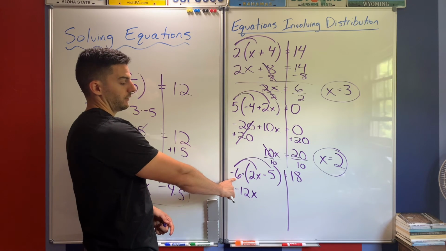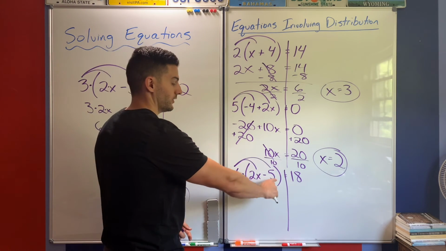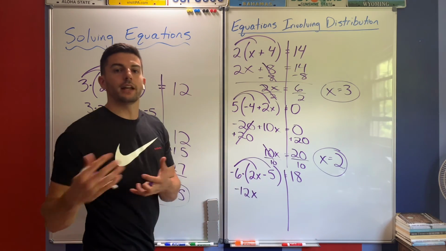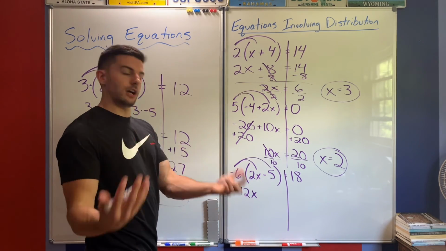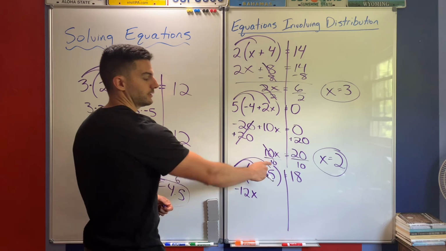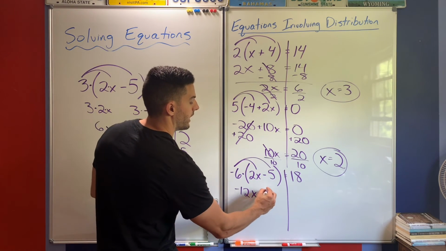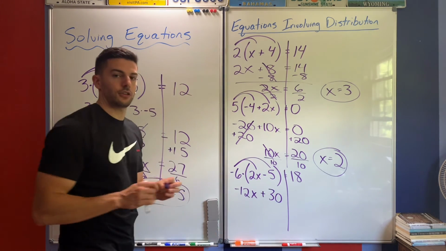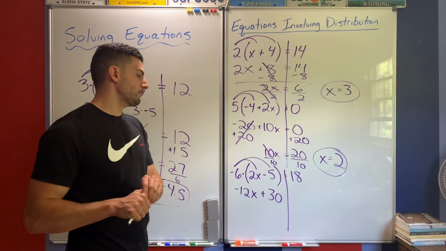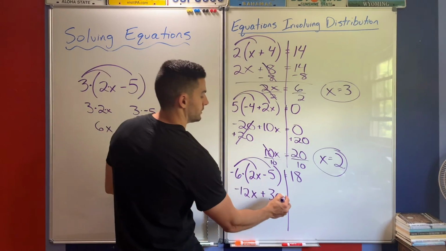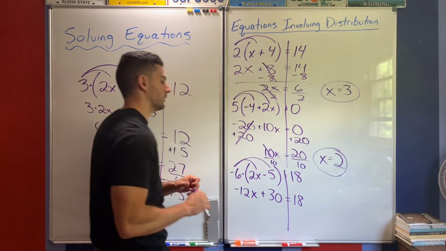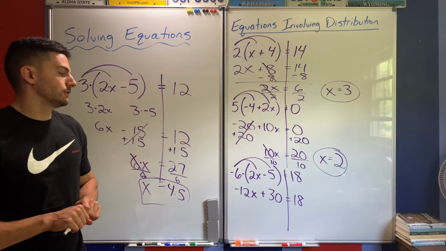Because this ends up being negative 6. And when I think of this as a negative 5, think about it, a negative times a negative is going to equal a positive. So negative 6 times negative 5 is going to result in a positive, or plus, 30. And then equals 18 is there on the right.